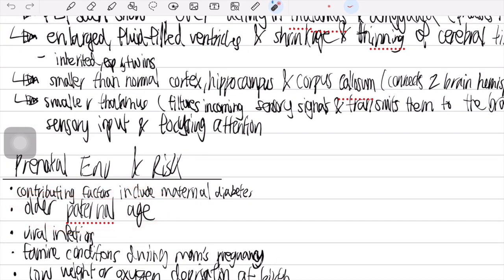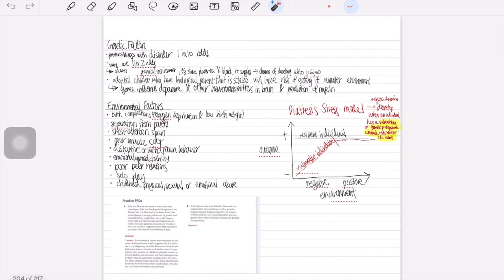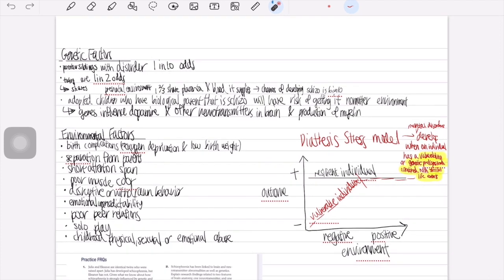These factors include an older paternal age, or a mom that has diabetes, or when the mom was pregnant, she caught a viral infection or the flu. And also if they were living in poor famine conditions, and also if the baby was born at a very low weight, or was oxygen deprived at birth.